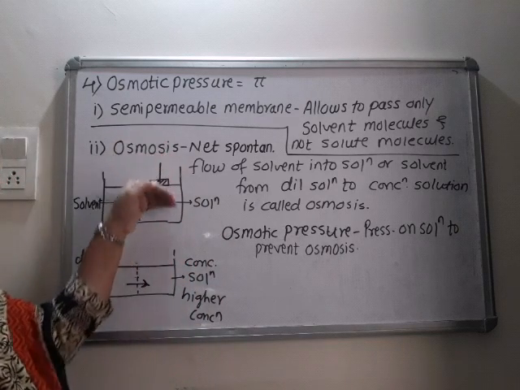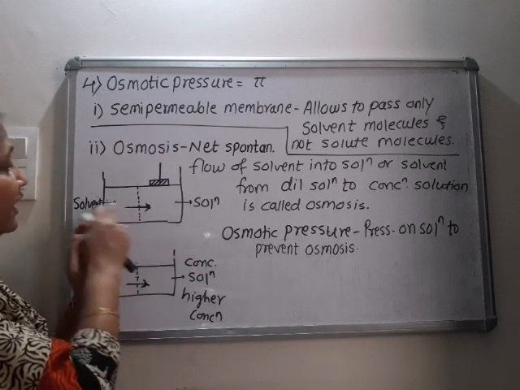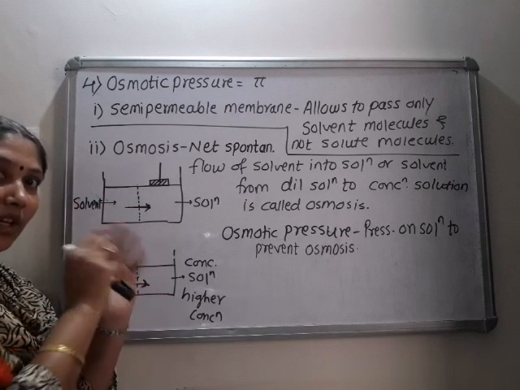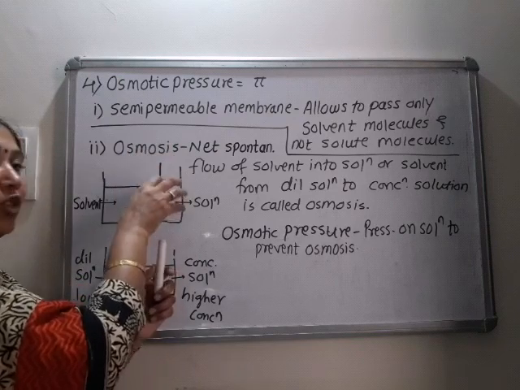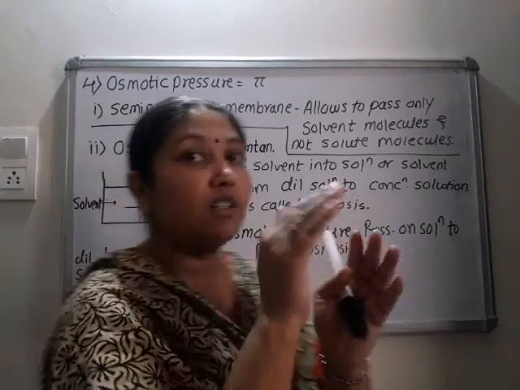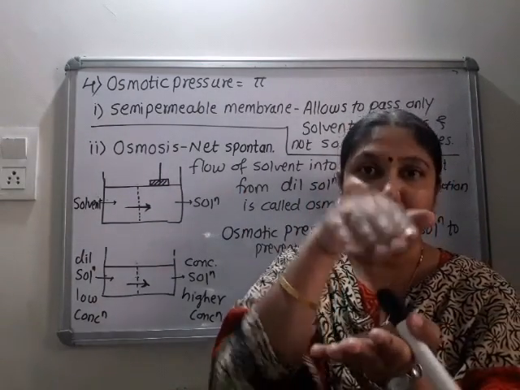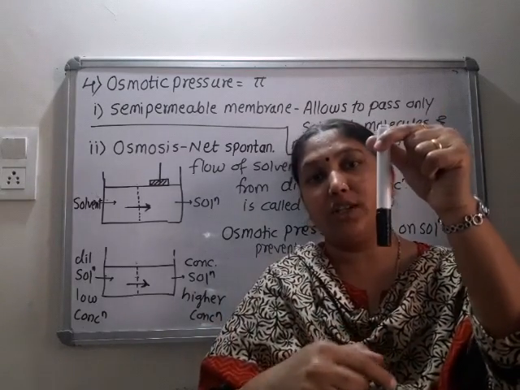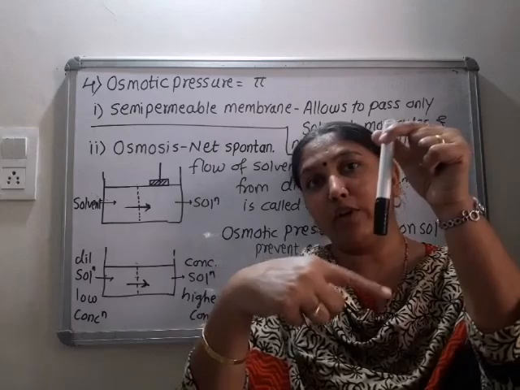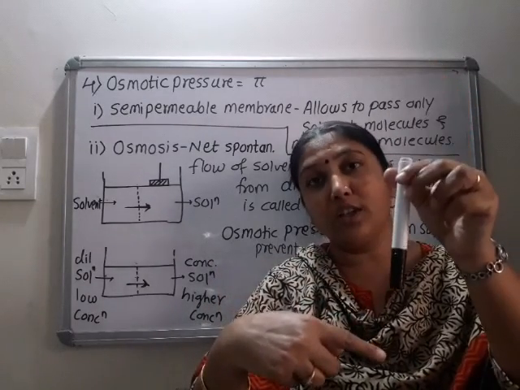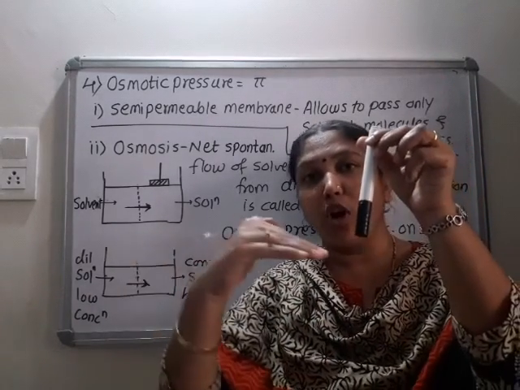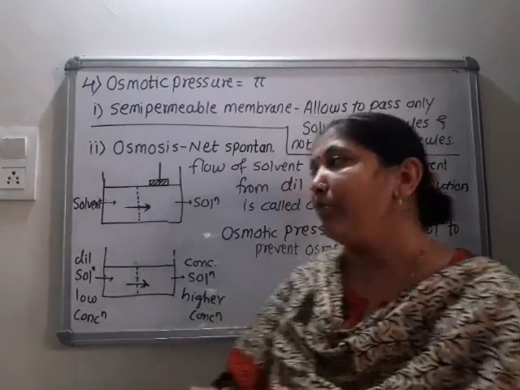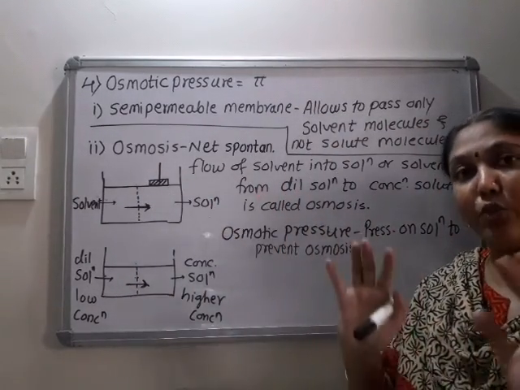If we apply pressure, the solvent will not be able to enter the solution. When the pressure on the solution is too high, the particles are closely packed, and the solvent cannot enter. So that pressure applied is called osmotic pressure.